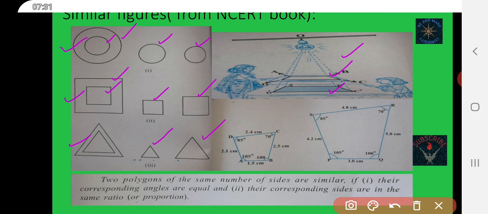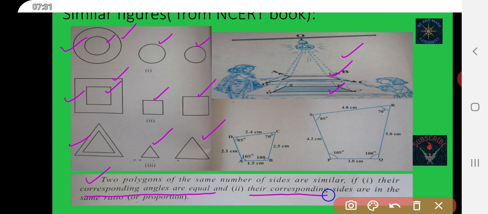Now here you see, two polygons of the same number of sides are similar if their corresponding angles are equal and their corresponding sides are in the same ratios.